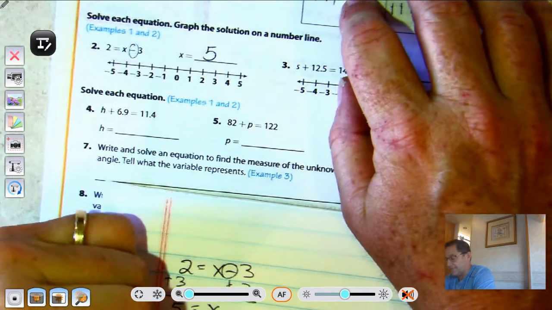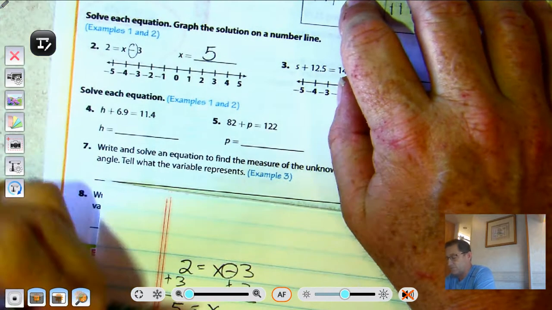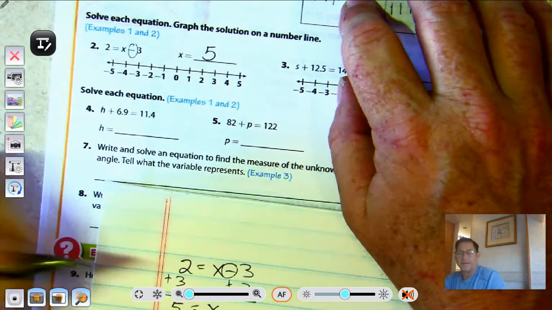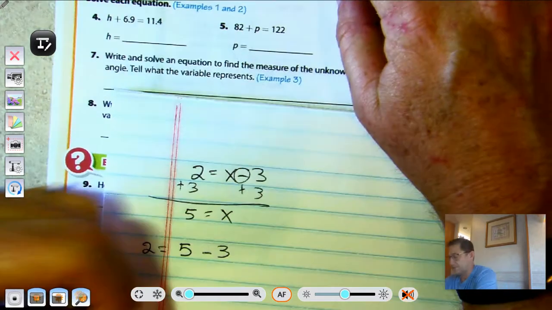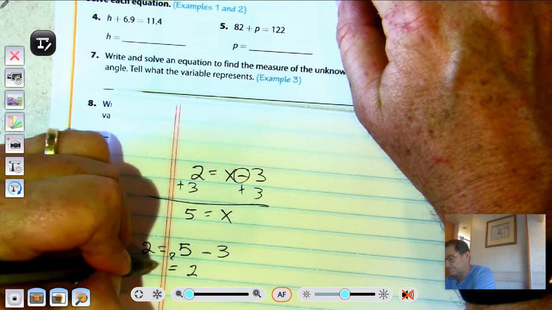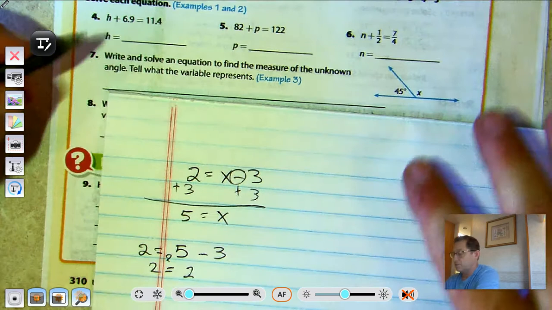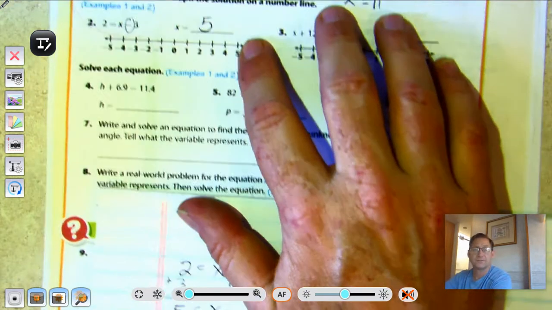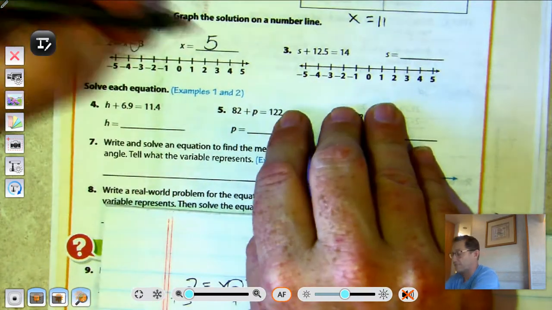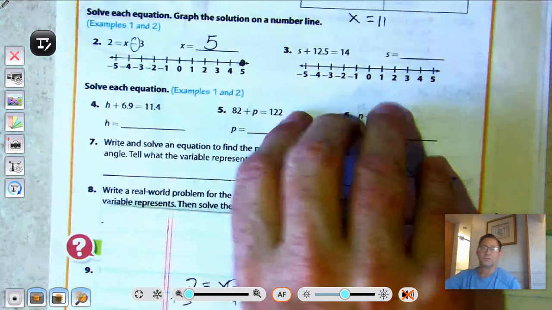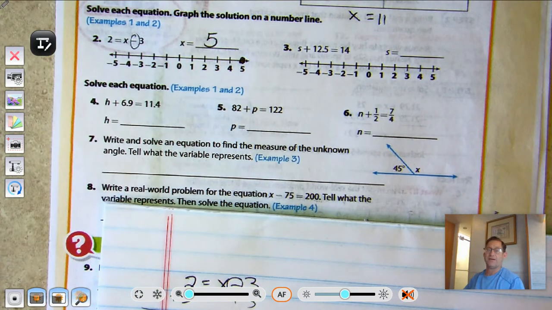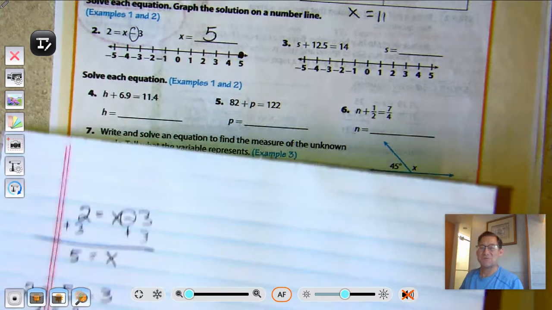So does that make sense? Does 2 equal 5 minus 3? Well, of course it does. Yes, 2 equals 2. So our solution is 5. And so just graph that on the number line. It's a positive 5, so we're going to go to the right of 0.